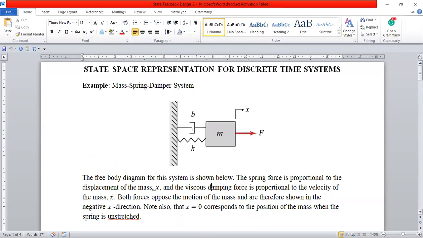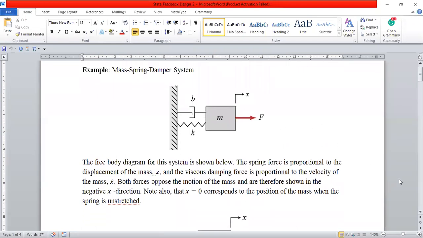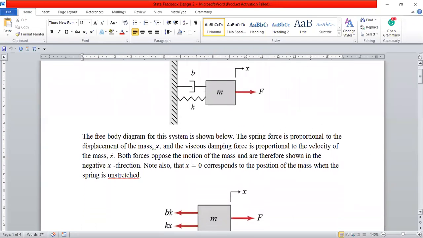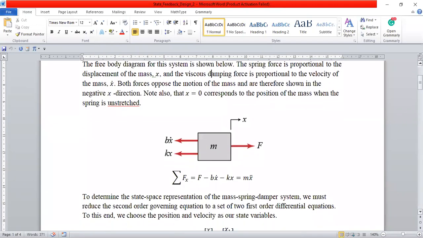So given this system, we'll draw the block diagram of this system. Then x is the displacement. So the force due to the damper is given by B x dot, where x is the displacement. Then x dot is simply the velocity. So it's the derivative of x, while the force due to the spring constant is given by kx.